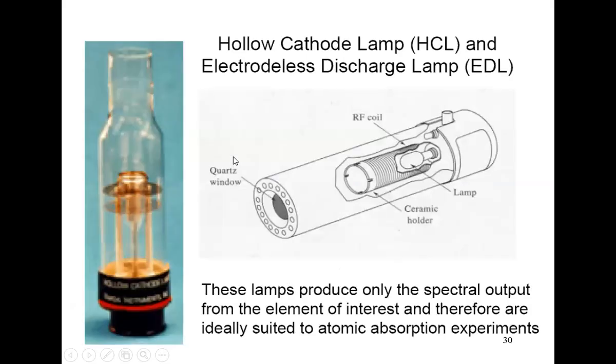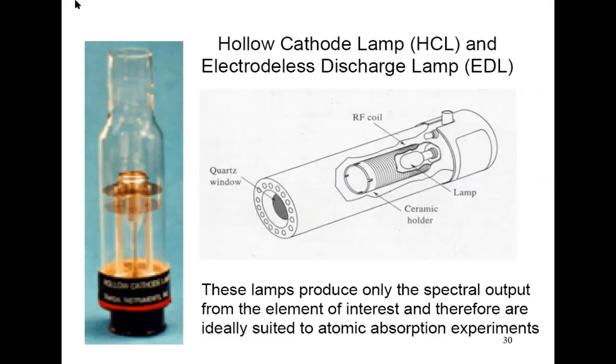Okay, so here is the hollow cathode lamp and what we call the electrode-less discharge lamp. Remember, we use the hollow cathode lamp, and that's one way. We have the electrode-less discharge lamp that we also use. The electrode-less discharge lamp basically works on the same principle as the hollow cathode lamp.